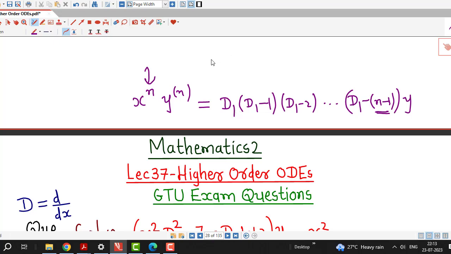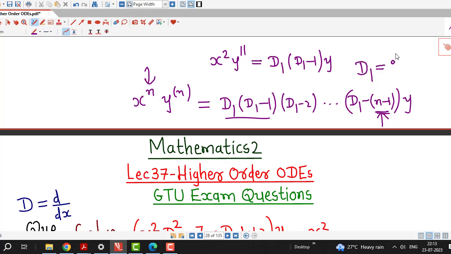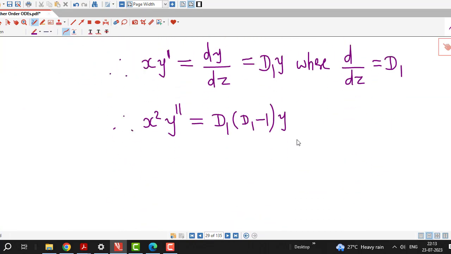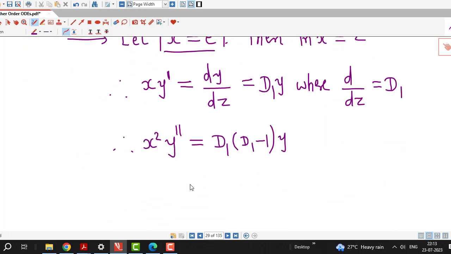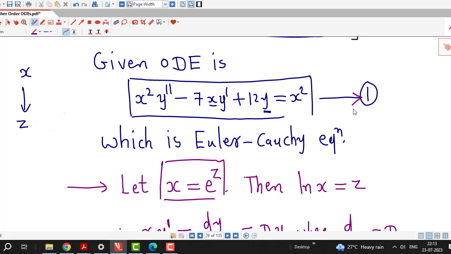If I have the second power, that is x square into y double dash, then n is 2, so the last factor is D1 minus 2 minus 1, that is D1 minus 1. So for x square into y double dash, I will write D1 times D1 minus 1 y, where D1 is the derivative with respect to the new independent variable, which is z in our case. So we will replace x y dash by D1 y, and x square y double dash by D1 times D1 minus 1 y in equation number 1.